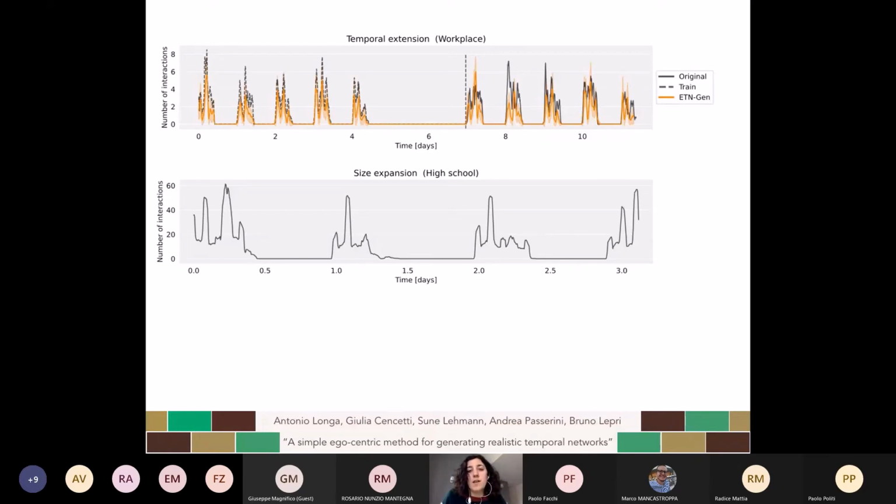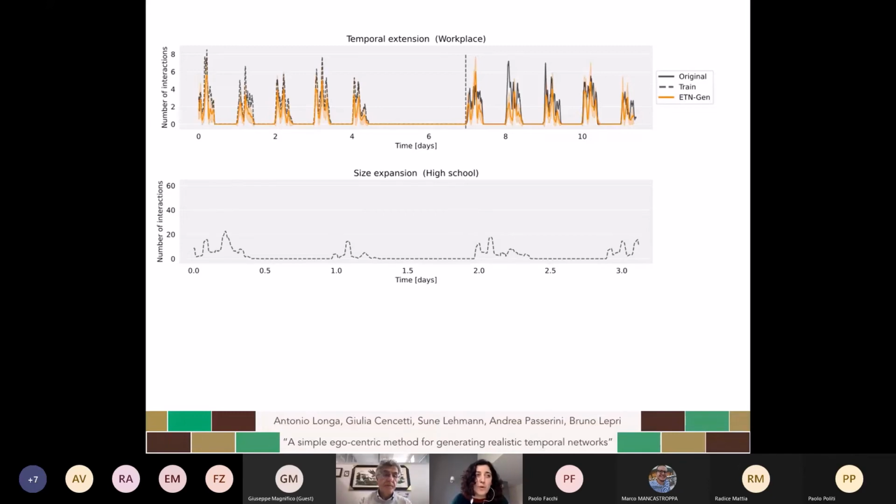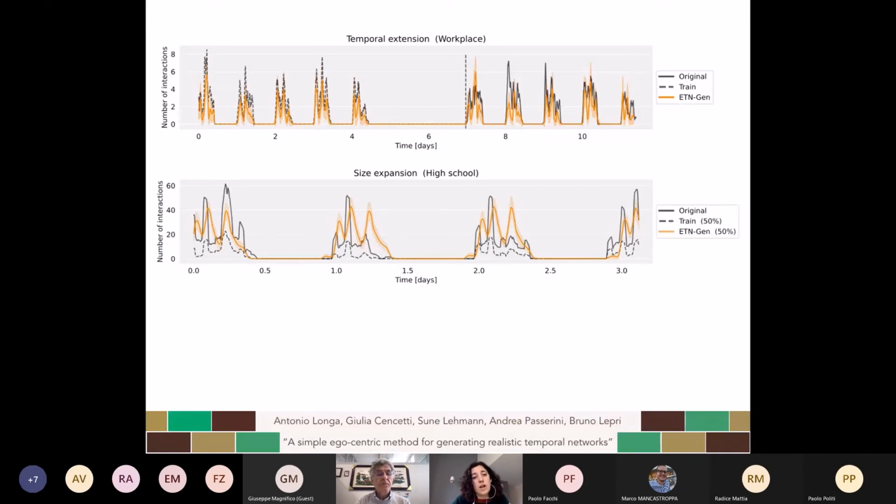So this is another experiment that we did. We took the high school data set, and we assumed that we only have access to half of the nodes. So from this half of the nodes, we generated our dictionary and our temporal network with the correct number of nodes, and then we can compare it with the original one, and we see that we find again a similar structure.